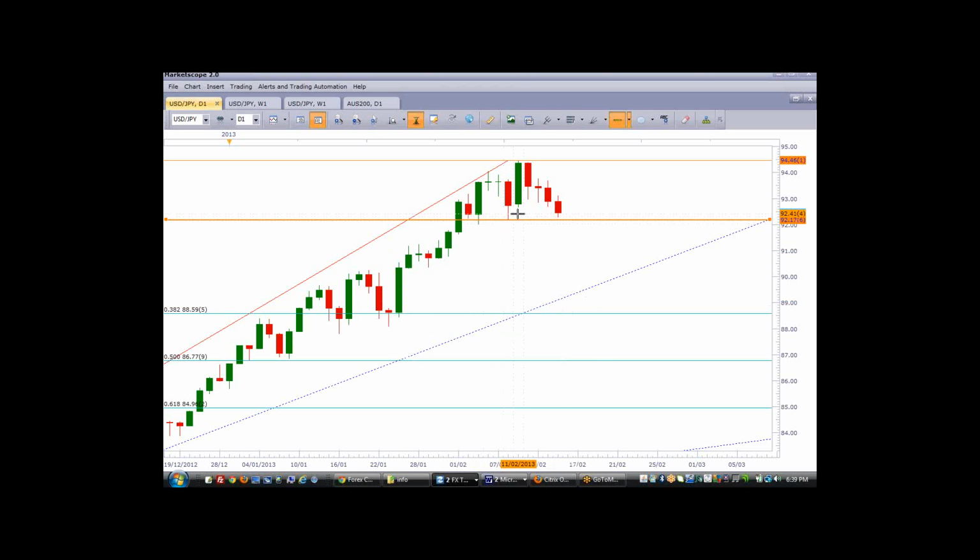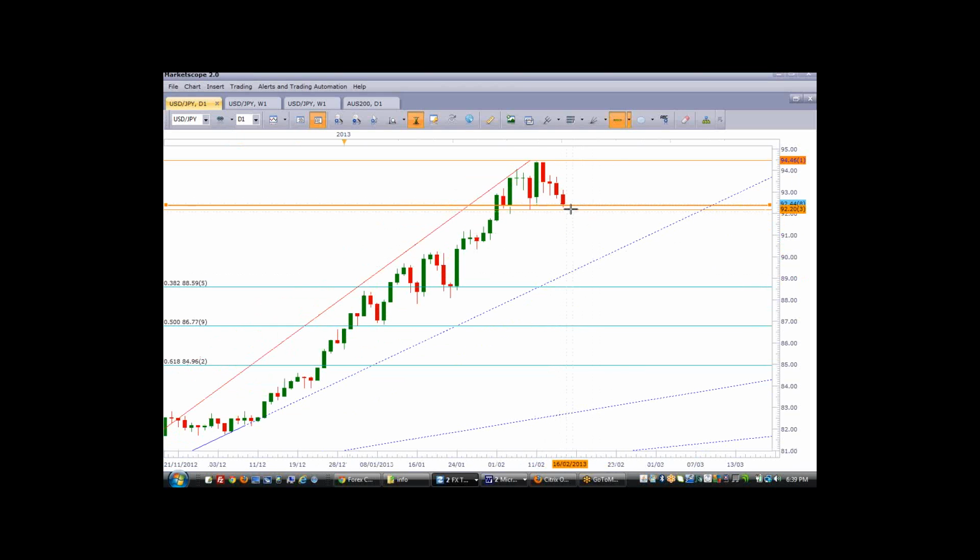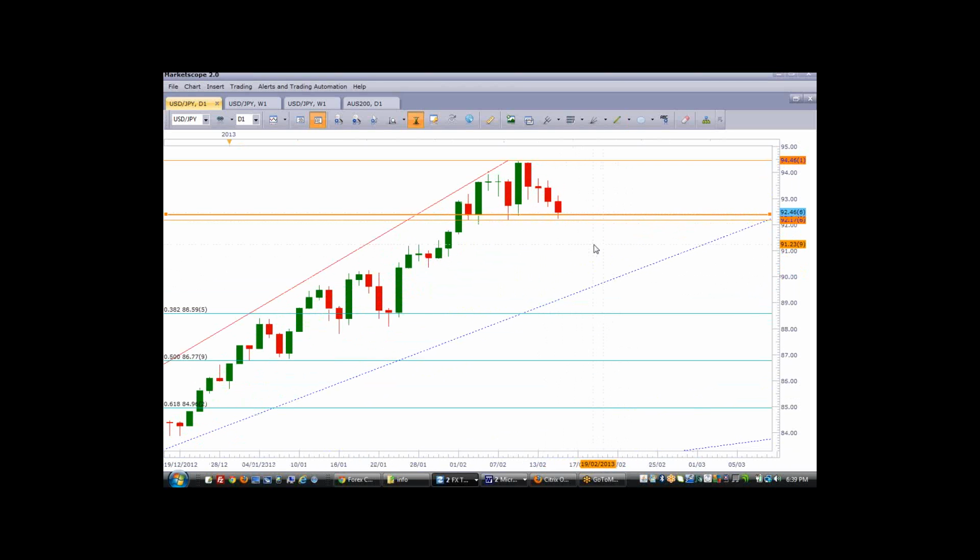So it may stabilize in this area before it may continue to the upside. But if it breaks this demand level, then there is a lot of room to go to this uptrend line right here. And if we draw our fib on the daily, this would be the, okay, cancel that.